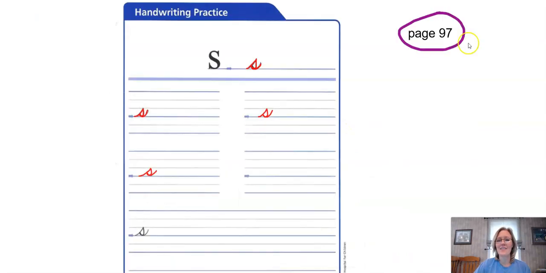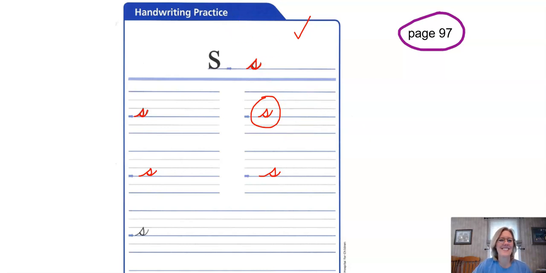So let's now pick up your pen again. Let's make our final copy right here. S, Z. All right. I would like for you on page 97 to put a check mark up at the top of this page because this page just became homework. I would like for you to practice the letter S as many times as you can. And you circle your best one. I wonder which one was my best one. I think maybe this one right here would be my best one.